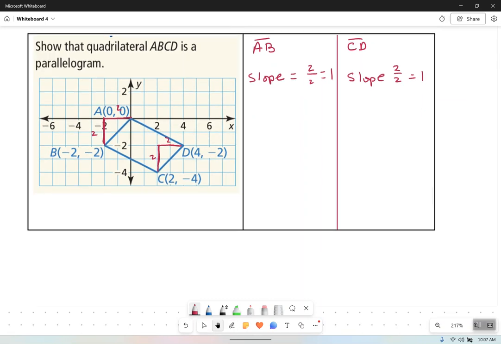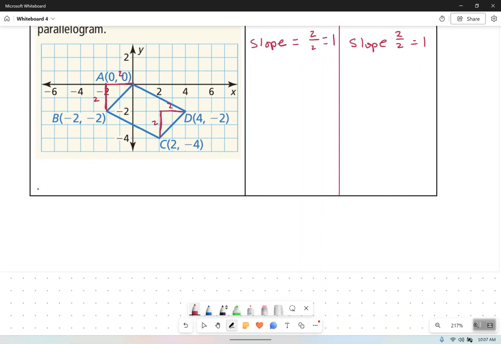I'm going to write right down here: since the slopes are equal, the side AB must be what? Not necessarily the same, but parallel to what side? Okay, we agree with that?